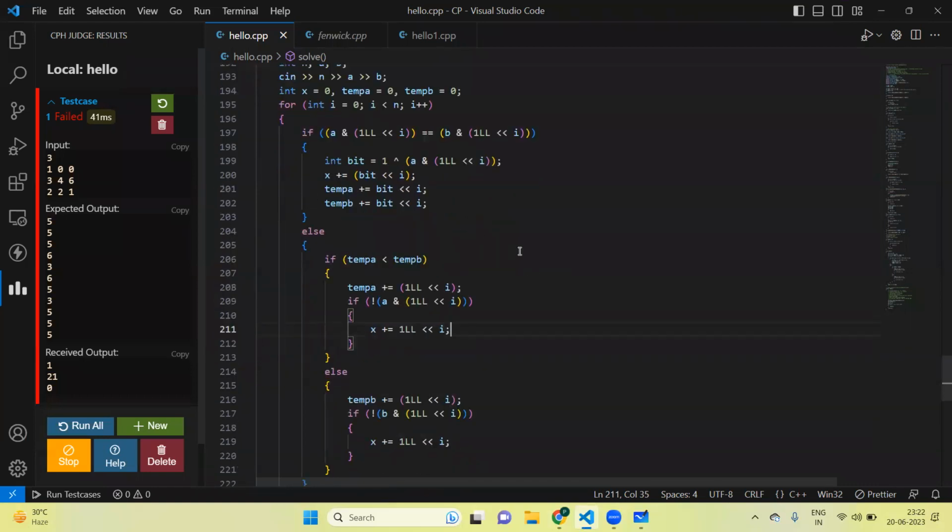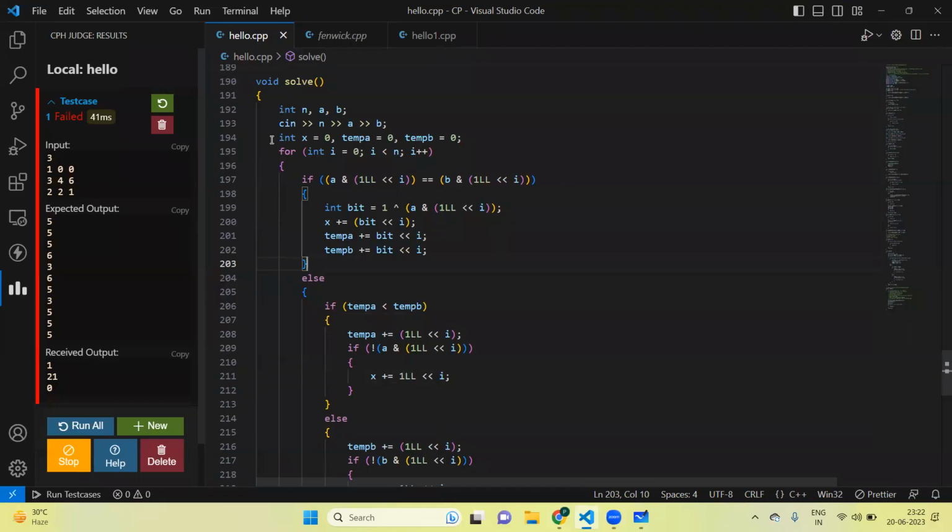So the first condition is right, so we will discuss this condition first. What is happening here is, since both the bits of A and B are the same, we put the opposite of that bit in temp A and temp B. Both of them get that.